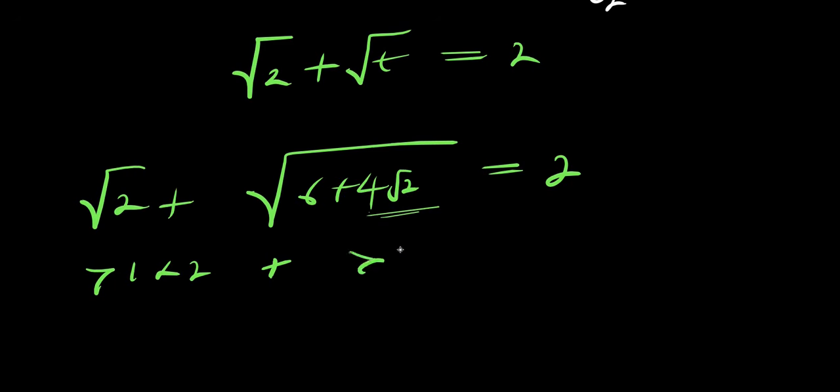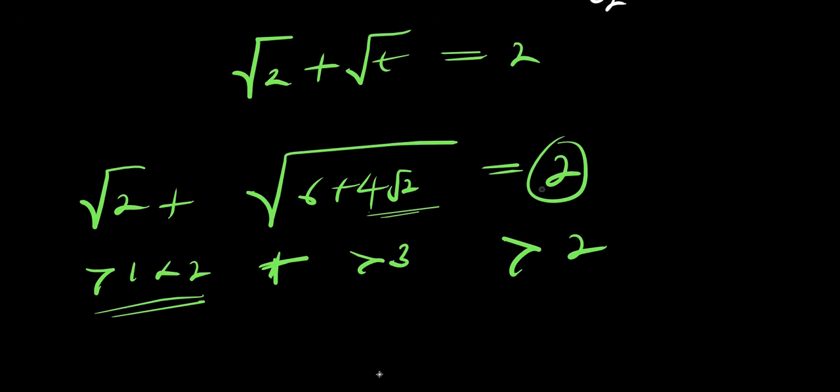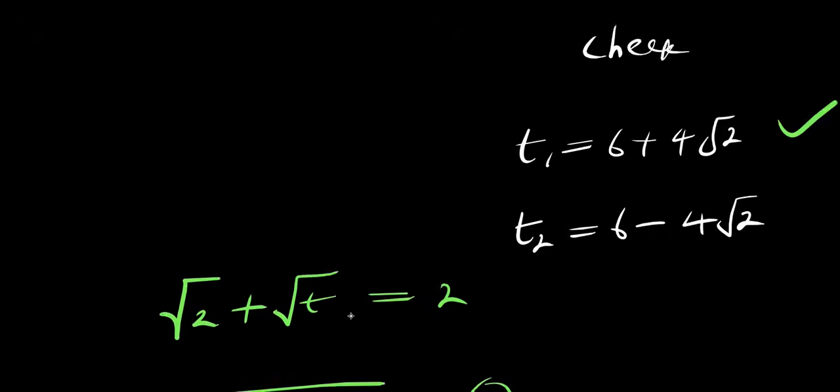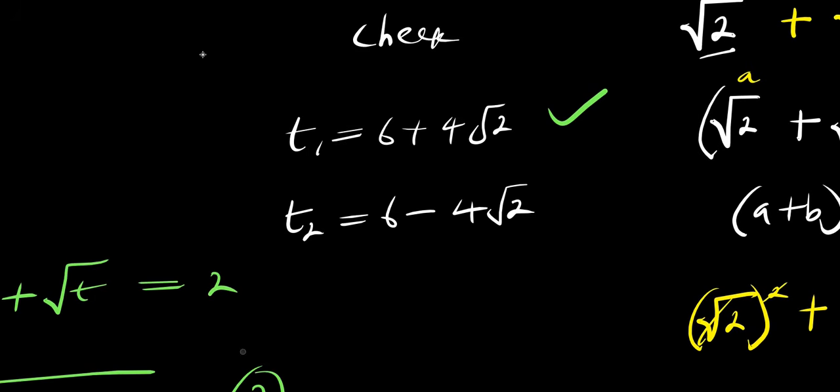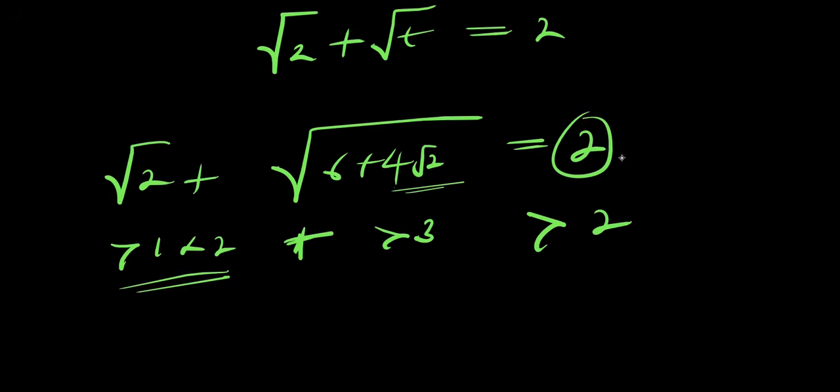So you have a number greater than 1 but less than 2 plus a number greater than 3. This will definitely give you a number greater than 2. So this is obviously not a solution because it's giving us something greater than 2. Let's consider 6 minus 4 root 2.